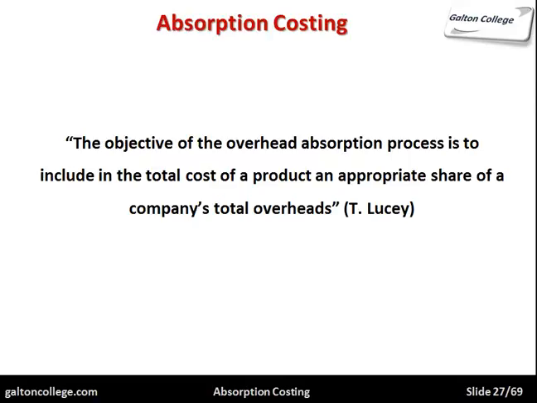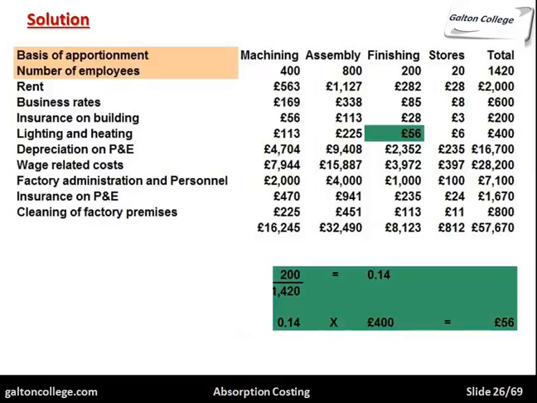It could be floor area or number of employees or the power that each department uses. On some basis it's been allocated out, and when we do that we get this type of table here. So each department, say the machining department, knows it owes 16,245 pounds for overheads, out of a total bill for overheads of 57,670.